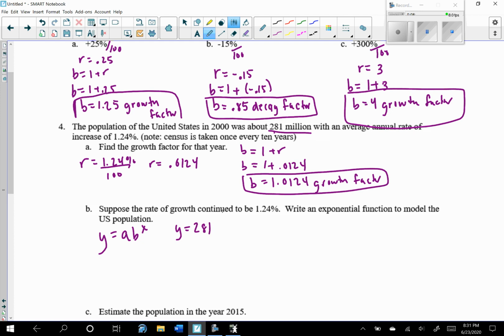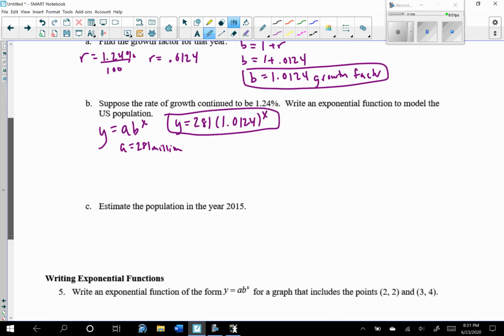If it gives you a number like this, you don't have to put all the zeros in, you can just leave it like that in your equation, and just make sure to label your answers when you're done with the correct units, millions. So 281 times 1.0124 to the power of x would be our equation, because again A was equal to 281 million.